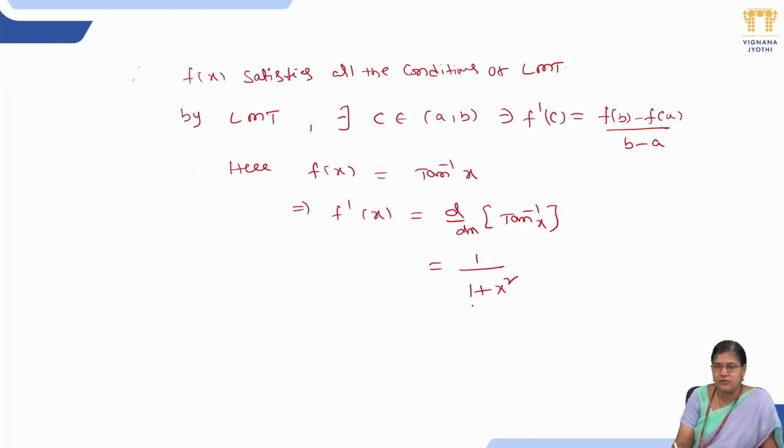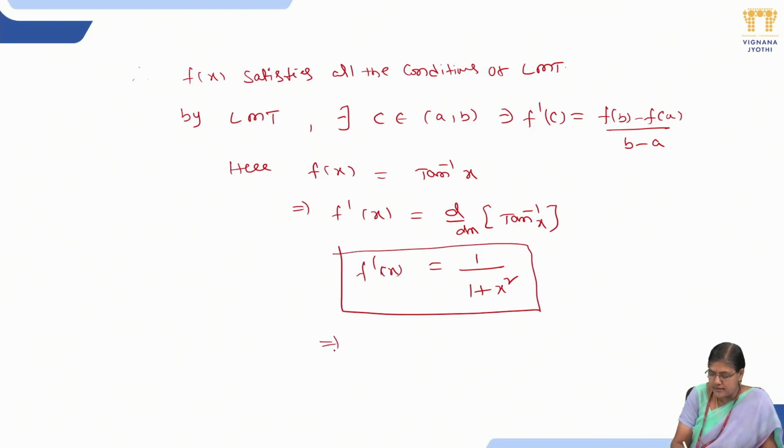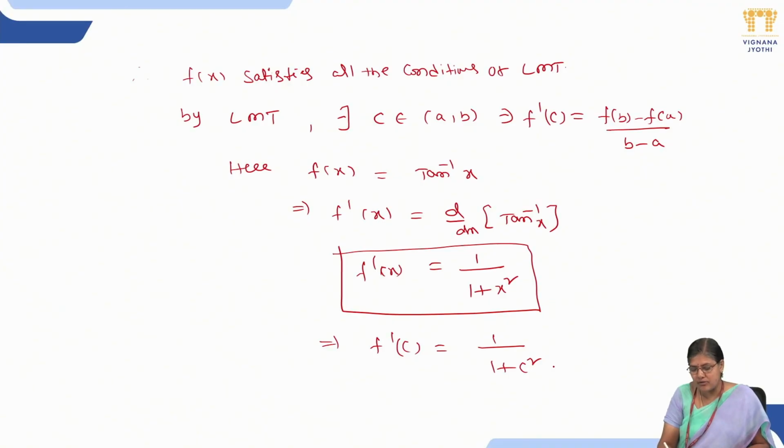So f dash x is equal to 1 by 1 plus x square. That implies f dash c is equal to 1 by 1 plus c square. By substituting x is equal to c in the above expression, you will get f dash c. Finally, f dash c is equal to 1 by 1 plus c square.